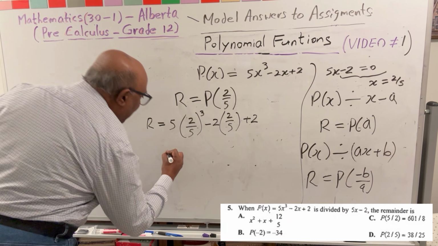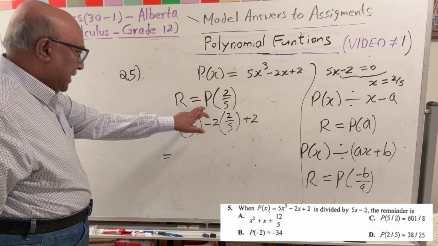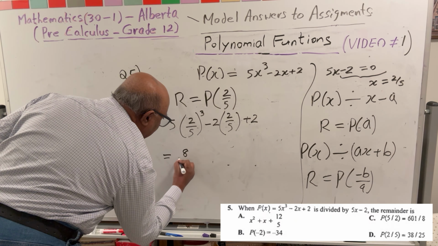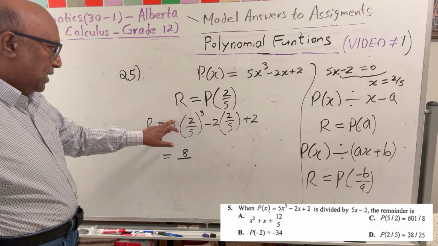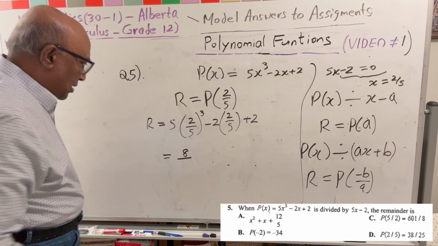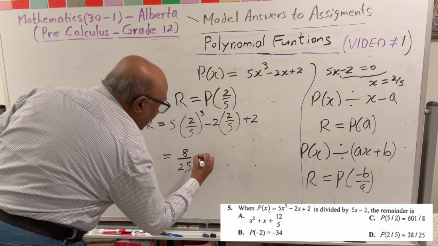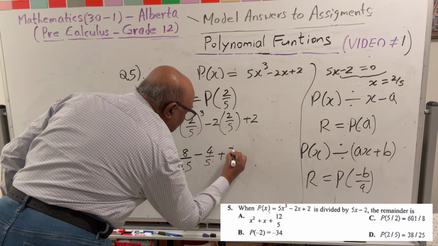Okay, let's keep simplifying this. 5 times 2 to the power 3 is 8, then 8 divided by, in the bottom you have 5 to the power 3, one 5 is cancelled, that is 25, minus 4 upon 5 plus 2.